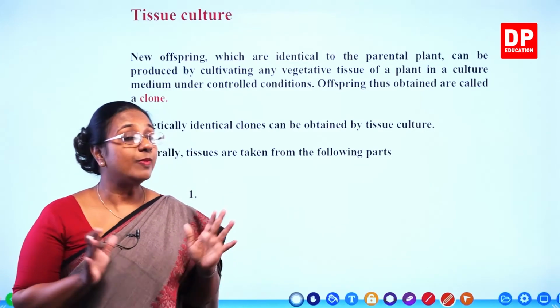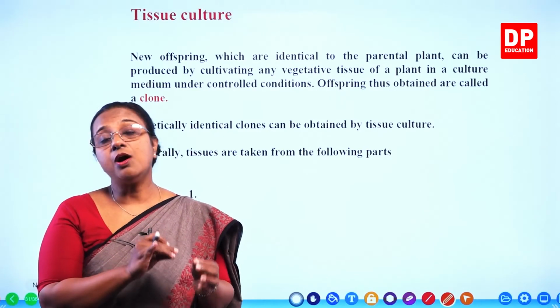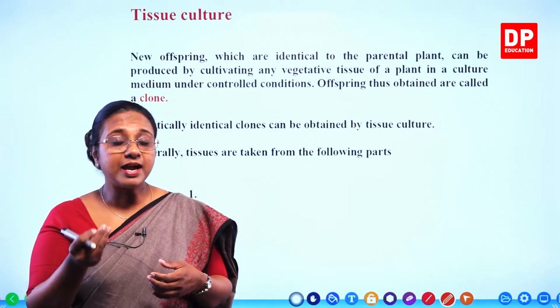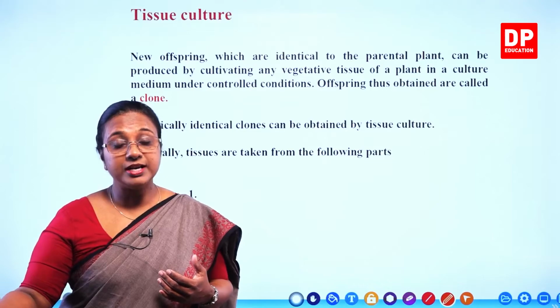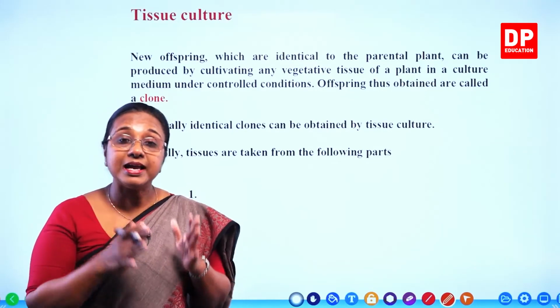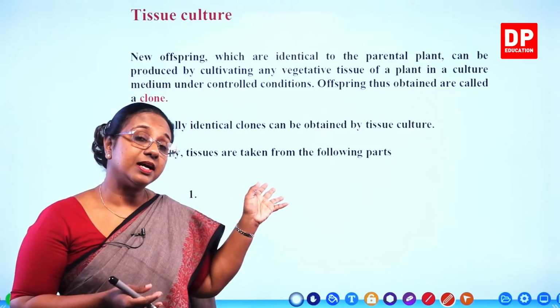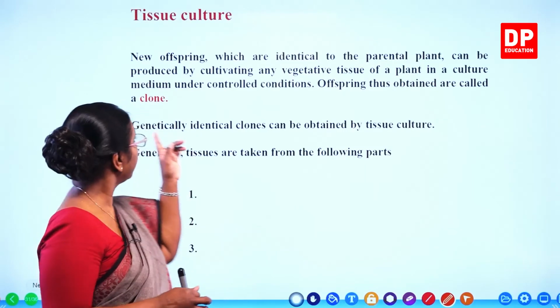So, here you might have heard about cloning. From a cell of the organism, or even a tiny part of the tissue of an organism, we can produce a new organism, and that will be identical to the mother plant. So, here we are considering the tissue culture or cloning of plants. Right.